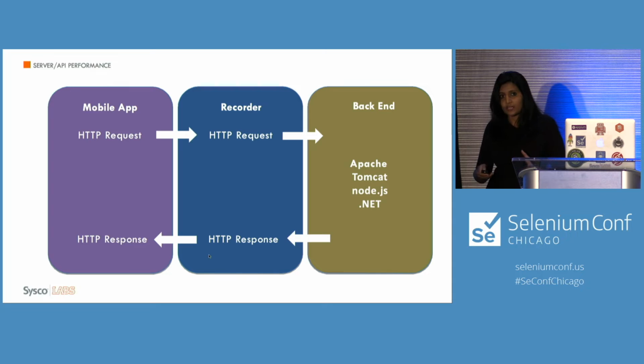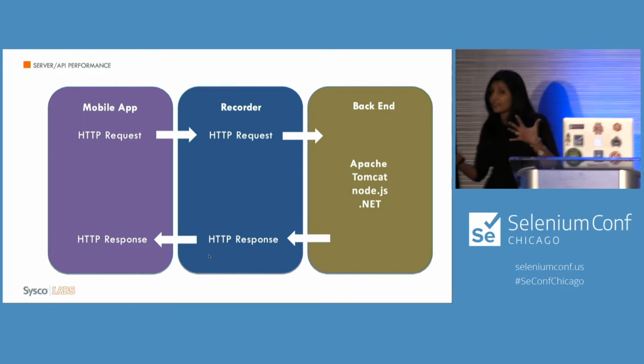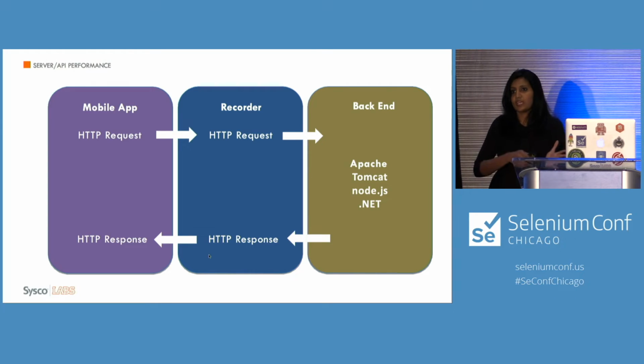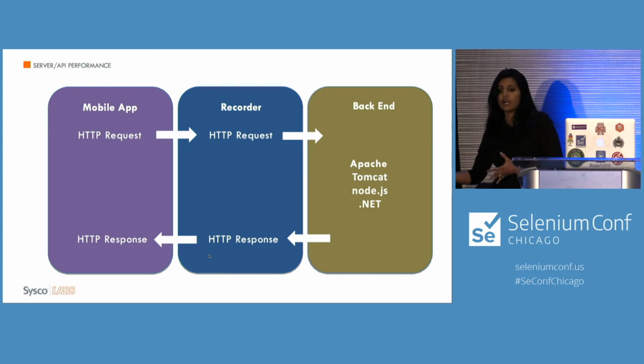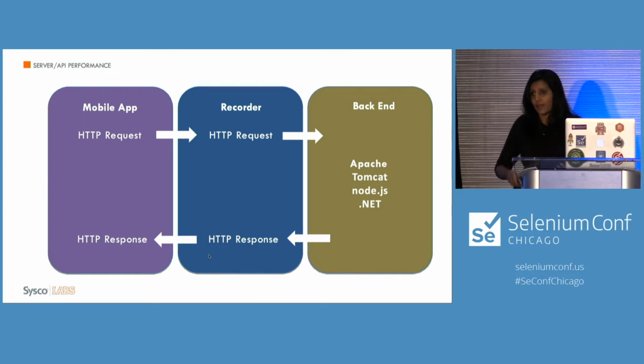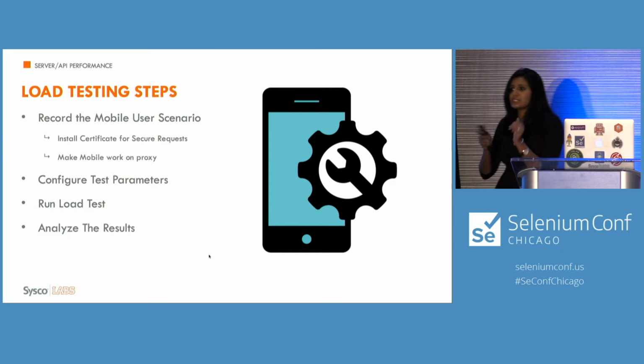So we're going to have a recorder, and it's going to literally record the calls that go from the mobile to your server, and the responses will also be grabbed, right? So this is the basic idea.